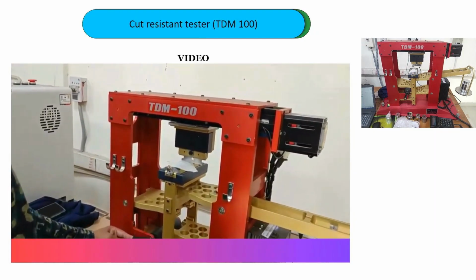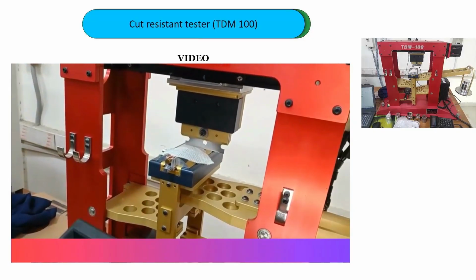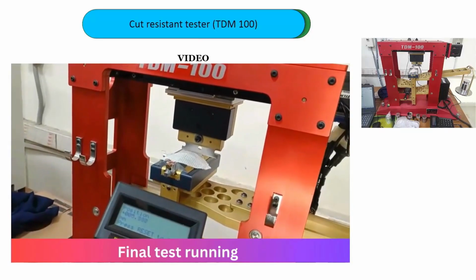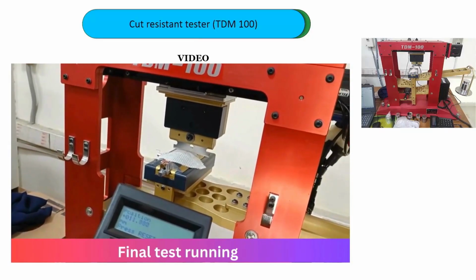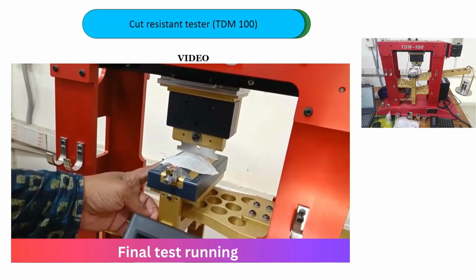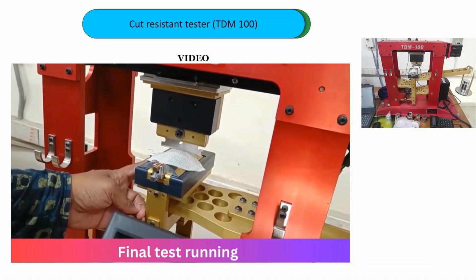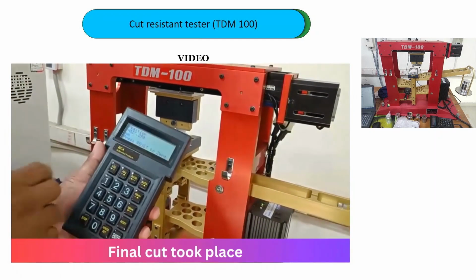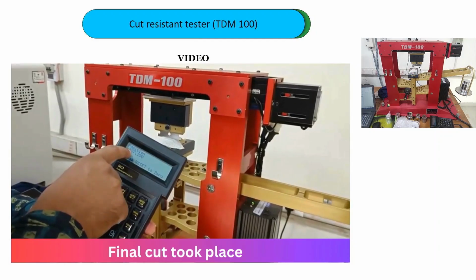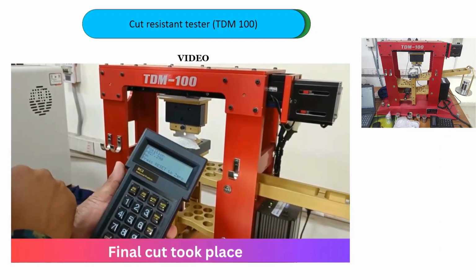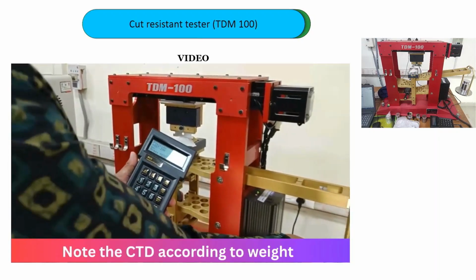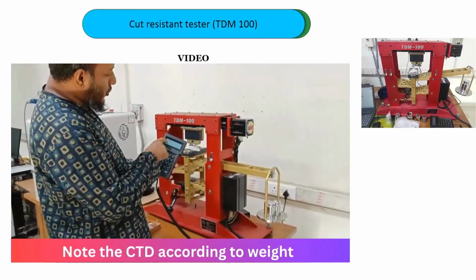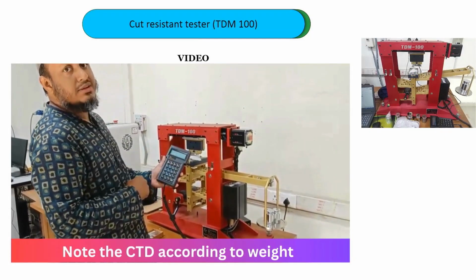Now, we will apply the load. The required load is applied. Now, the final test will start. Now the blade is moving, you can see. As soon as there is a cut, the cut through distance is recorded. Here we have kept a different load.